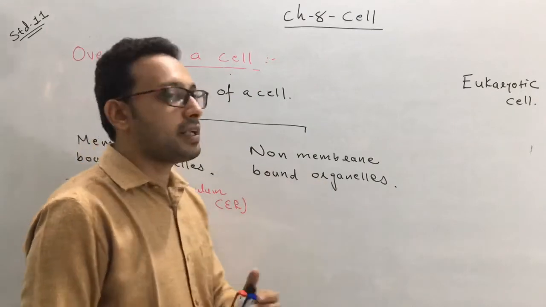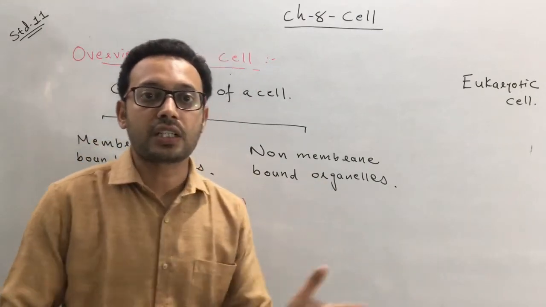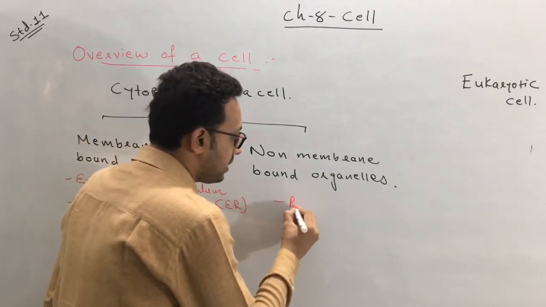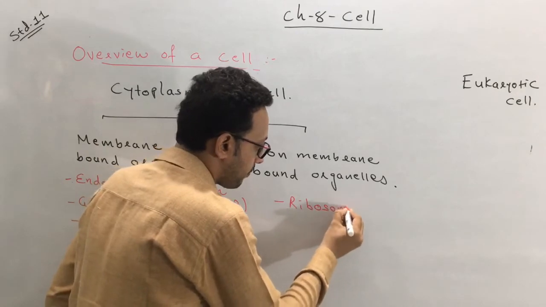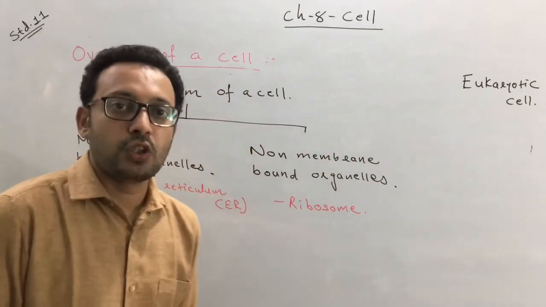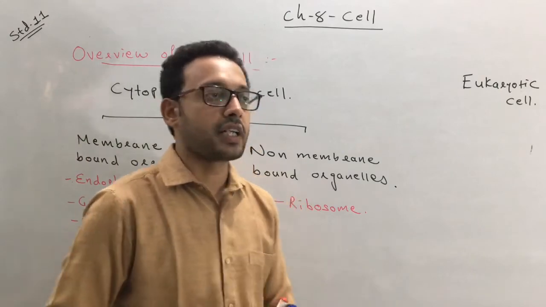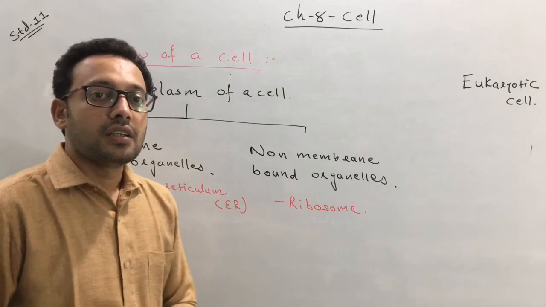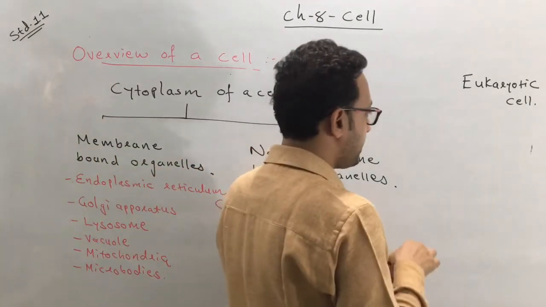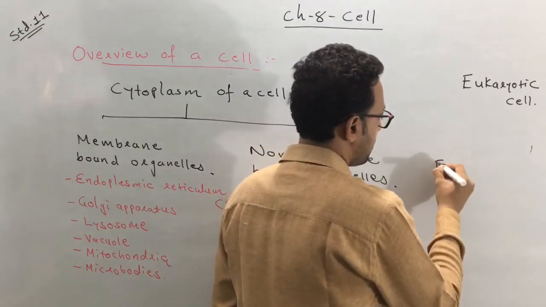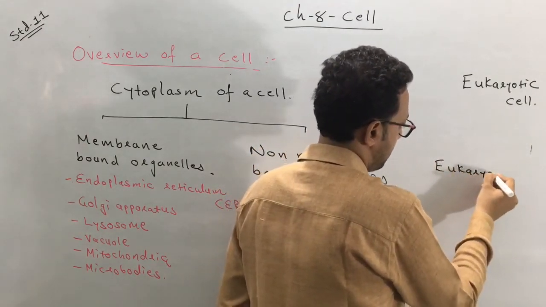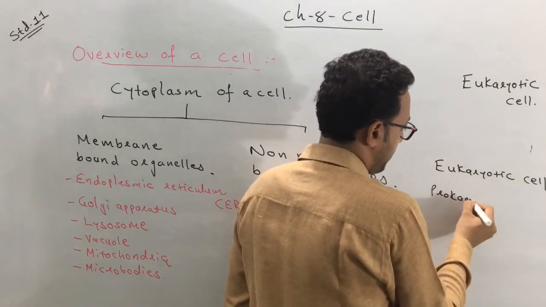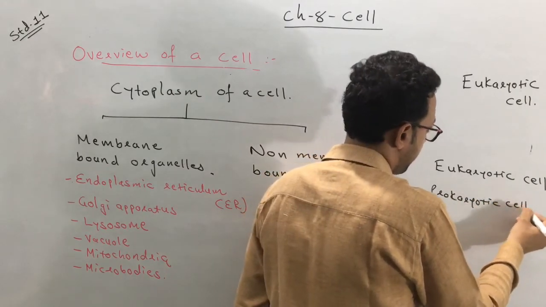Now the non-membrane bound organelles. Non-membrane means they are not covered by a membrane, and one of the non-membrane bound organelles is the ribosome. The ribosome is a non-membrane bound organelle found in eukaryotic cells as well as in prokaryotic cells.